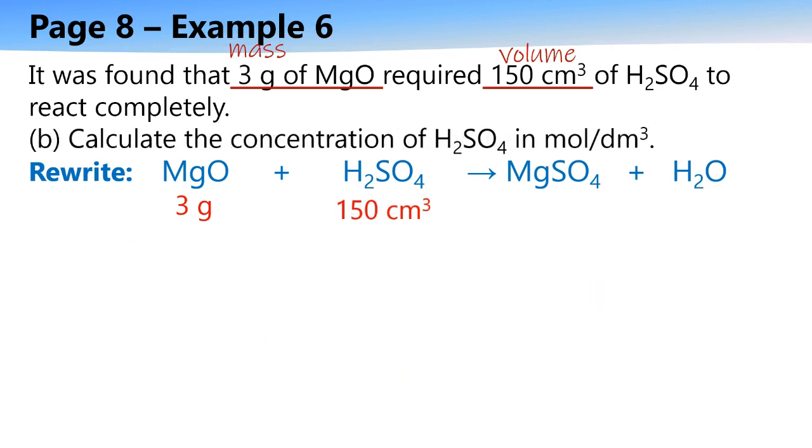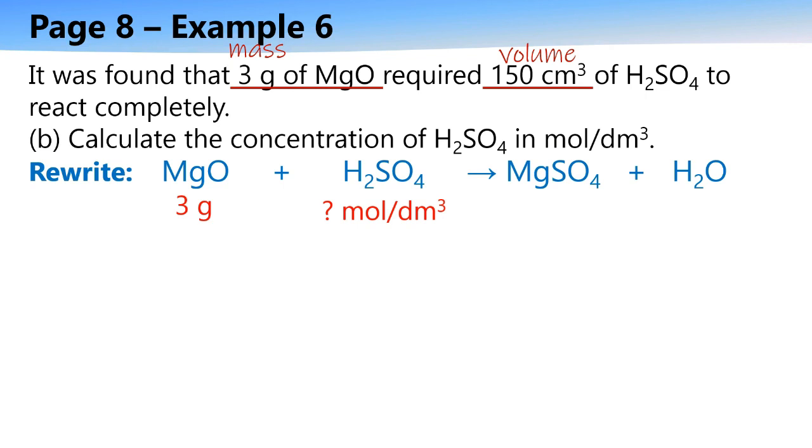Alright, part B. Now the question wants us to calculate the concentration of sulfuric acid in mole per dm cube. Although volume is given, they want us to find the concentration. So I have to replace what I need to find with the question mark mole per dm cube.